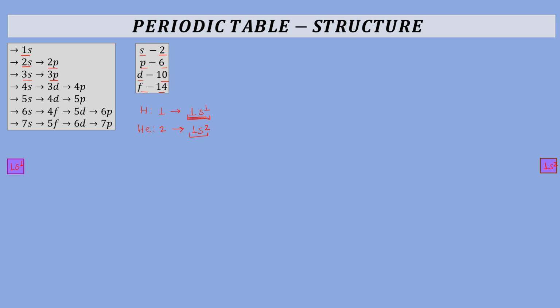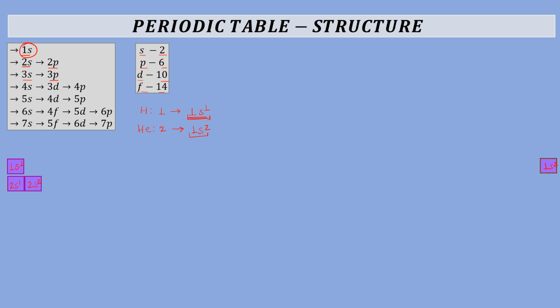Now after completion of filling of the 1s subshell, we will move to the next subshell in the order, that is 2s. We will start filling the electron into the 2s subshell as 2s1 here, and then we can also fill 2s2. So there will be place for the next two elements right here.